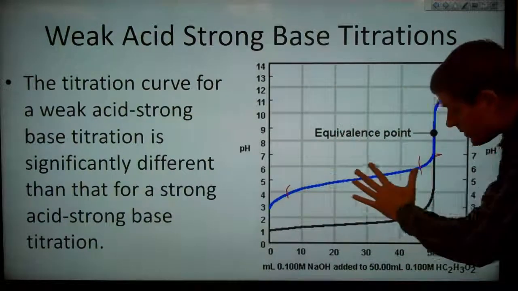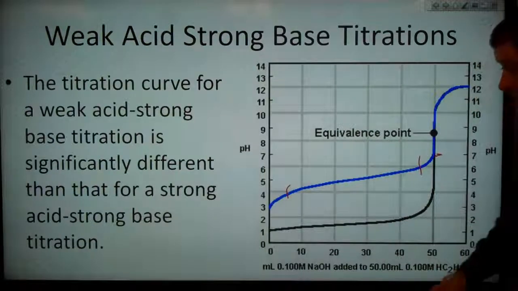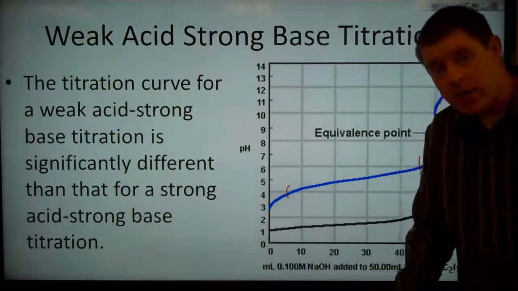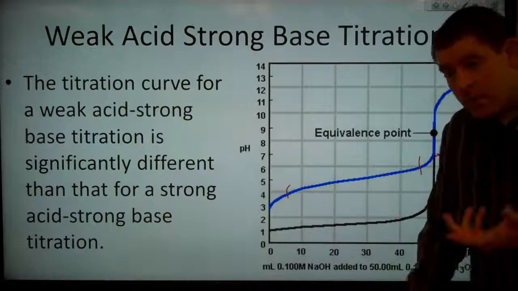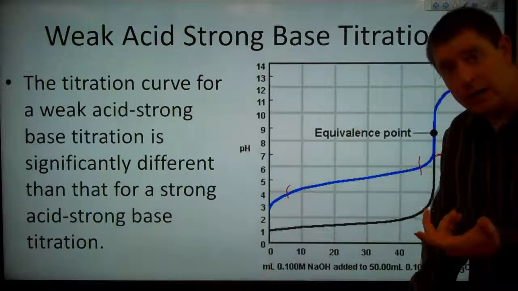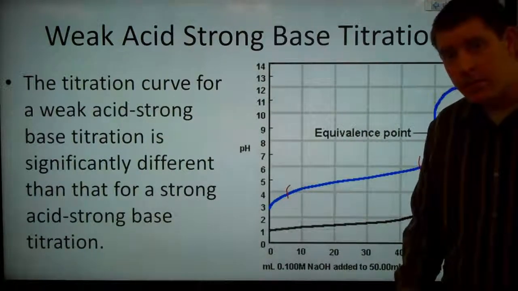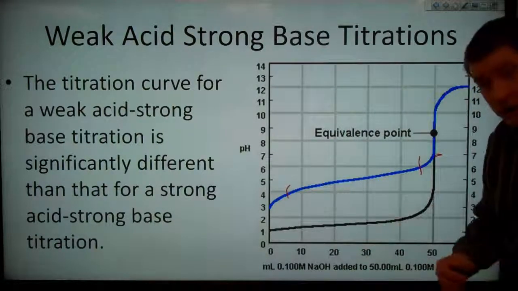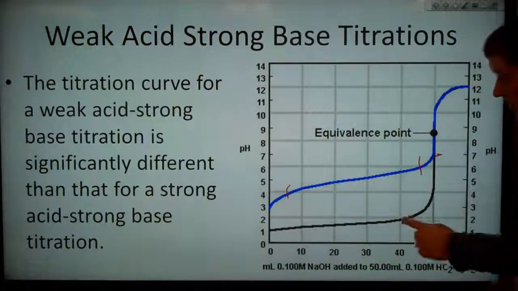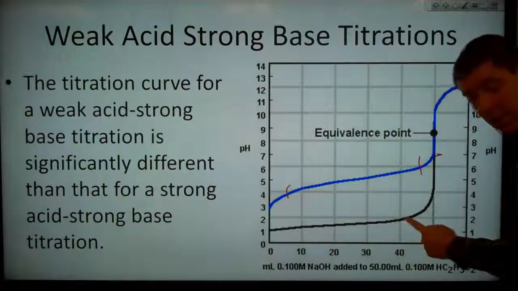So in this region we've got a buffer, and the pH isn't changing much, because when we add some of our strong base, some of that hydrogen ion that's reacting away is getting replaced by dissociation of our weak acid. And this means that the pH isn't changing as much. And so you might say, well, it's still changing more than that black curve is.